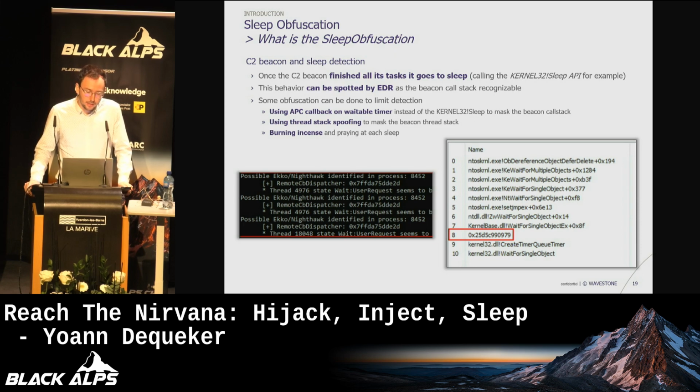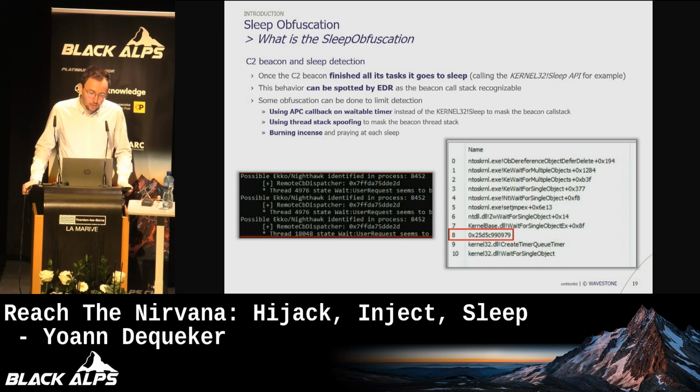So to avoid this, there are some techniques such as thread stack spoofing that allow you to modify the stack of your beacon when it sleeps and make it look like a standard thread in the process. For example, if you are targeting a Chrome process, you can mimic the thread stack of a real Chrome thread when your beacon is asleep, and it allows you to bypass some detection.